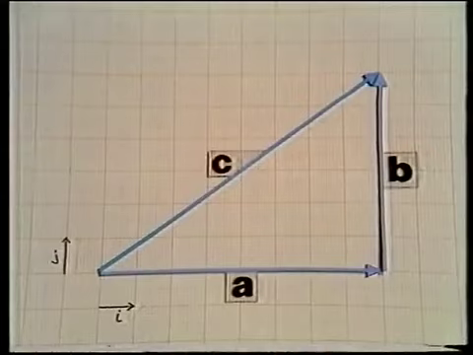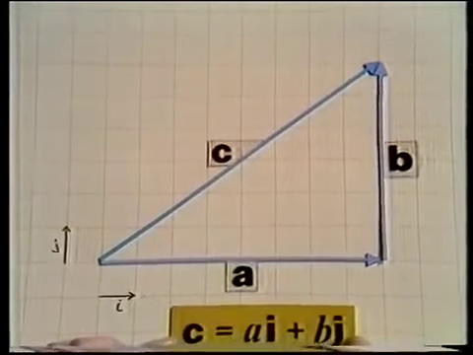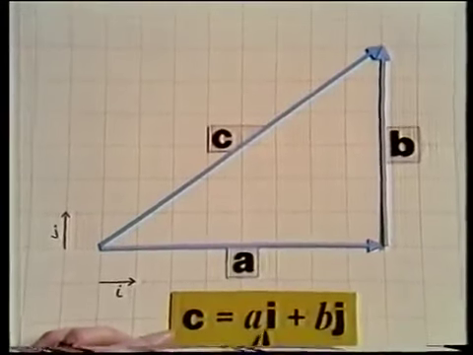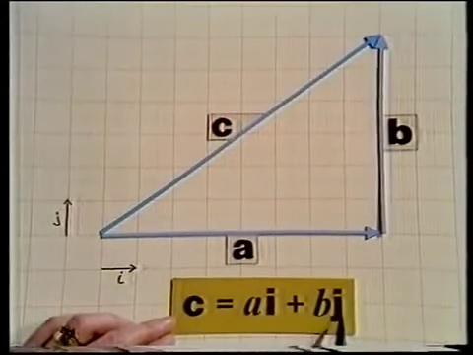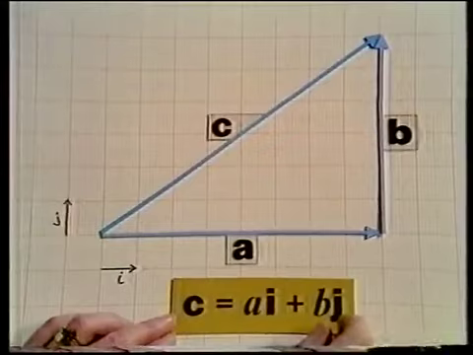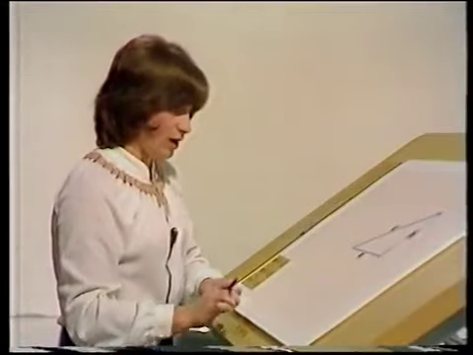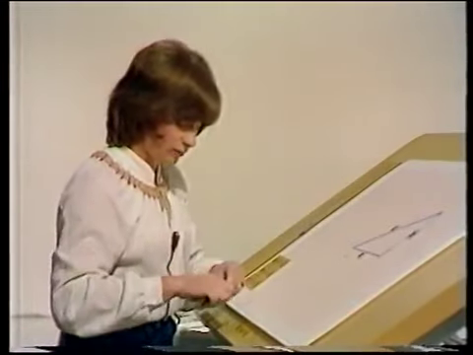That is, my vector C can be written as A lots of I plus B lots of J. And you can do this with any vector. Let's now have a look at another one.